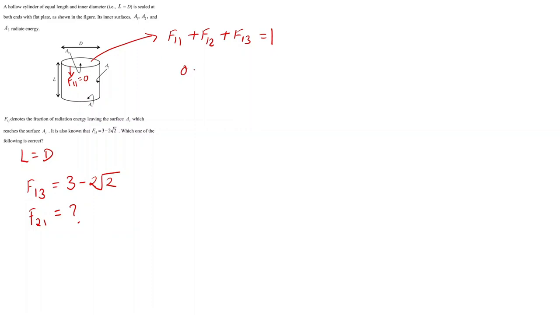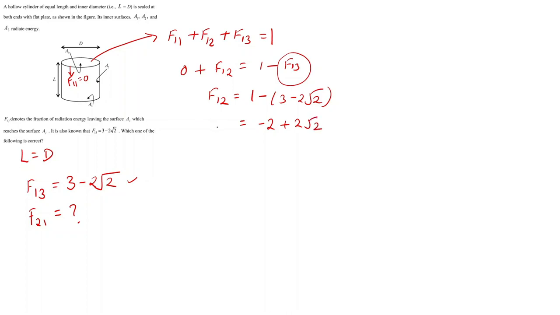So we can just replace it over there, plus F12 is equal to 1 minus F13. We have this value of F13 from here, so we will just put it over there. So it will give us minus 2 plus 2 root 2.